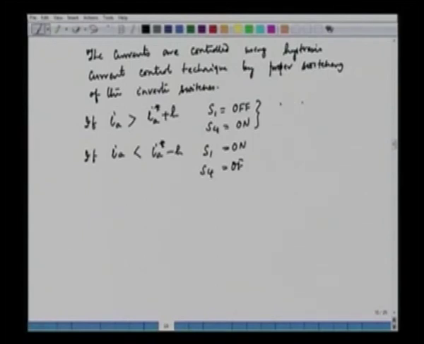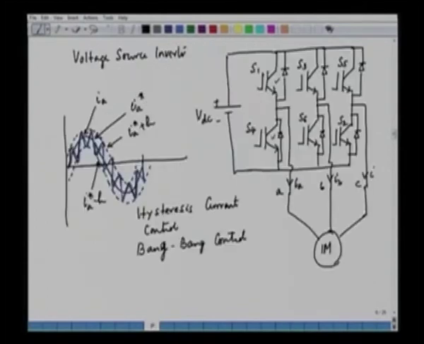So it means we have VAN is equal to 0, and this means VAN equal to VDC. Now, if we see this inverter structure, we can define a P and we can define an N here, and these are our three phases A, B and C.